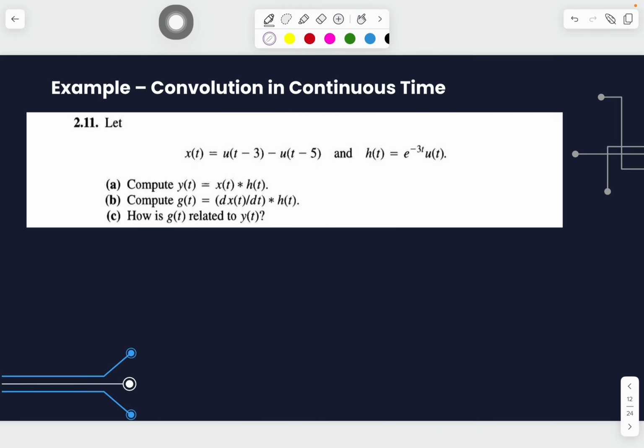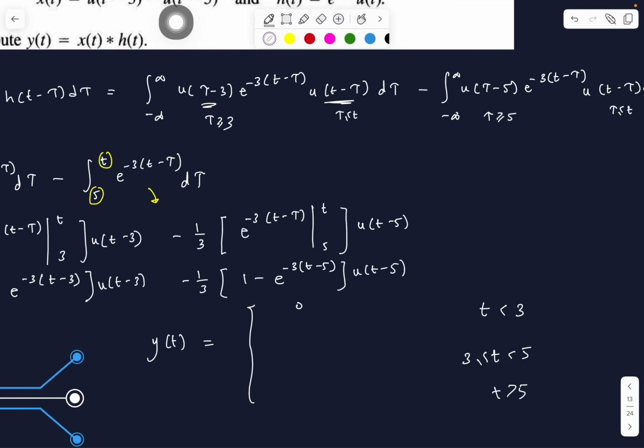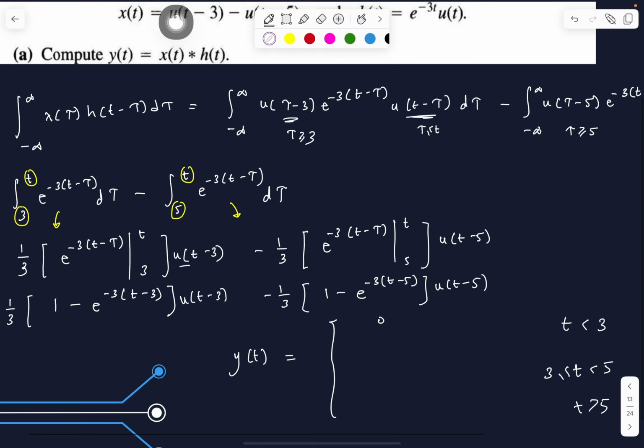We can also write it in the other form, in the overlap form. So we have for t less than 3, and then for t between 3 and 5, and then for t greater than 5. The first range, there's no overlap, it's 0, because the first one starts at t equal 3.